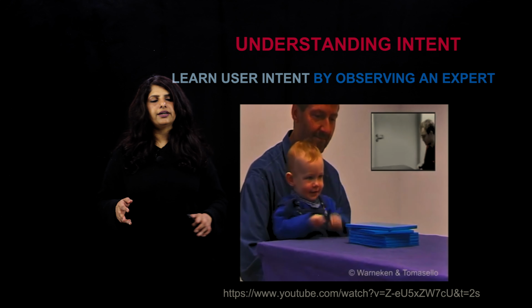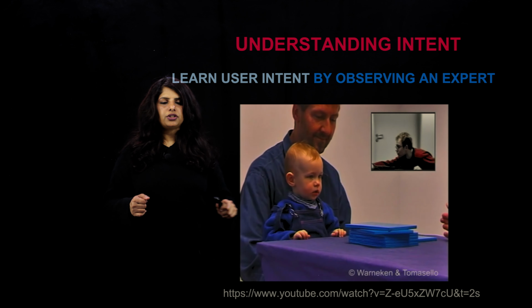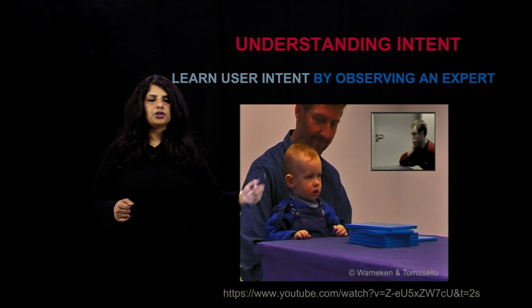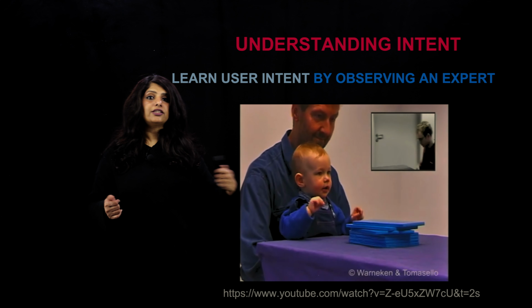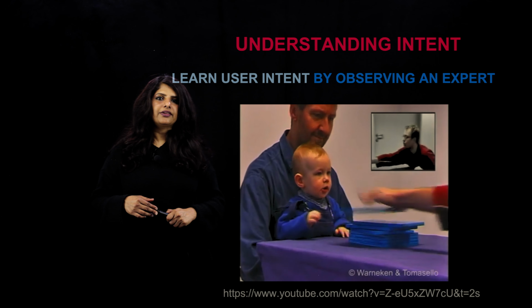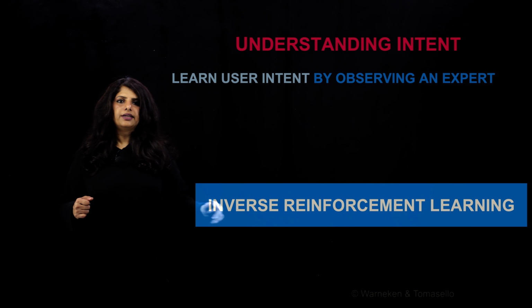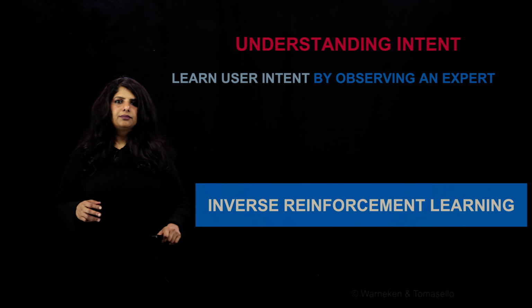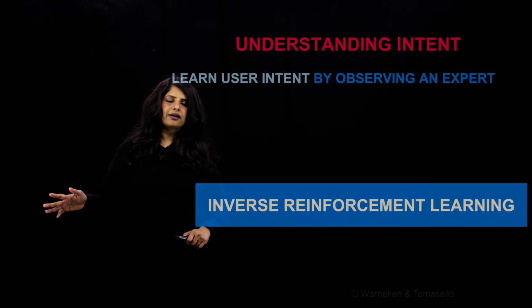What we're trying to do here is to learn user intent by pure observation and then make use of that information to be able to learn a policy that our agents can use to execute tasks autonomously. This process is what we call inverse reinforcement learning. This is also very similar to inverse optimal control for those of you who come from control theory backgrounds.